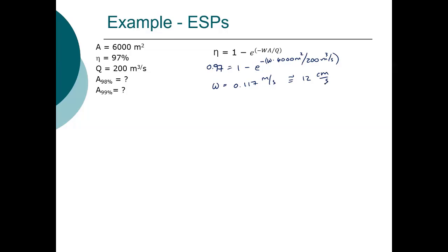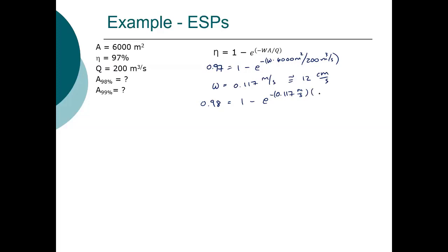Given that, we now can calculate the area. So we've got the drift velocity. Assuming that drift velocity isn't going to change, we're just asking how much bigger of an electrostatic precipitator we would need. So now we have 0.98 equals 1 minus e to the minus 0.117 meters per second.